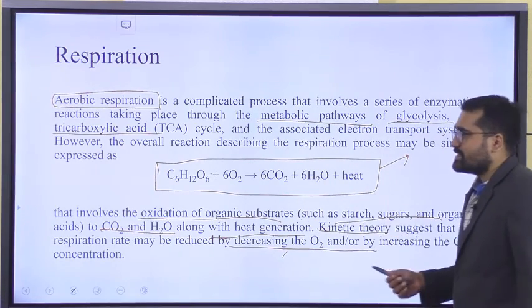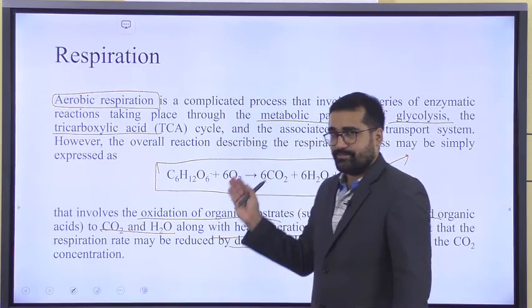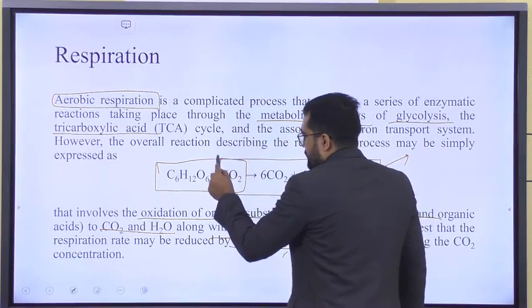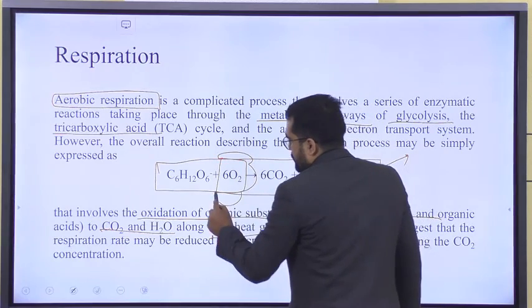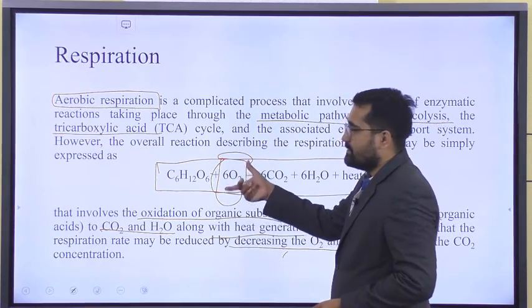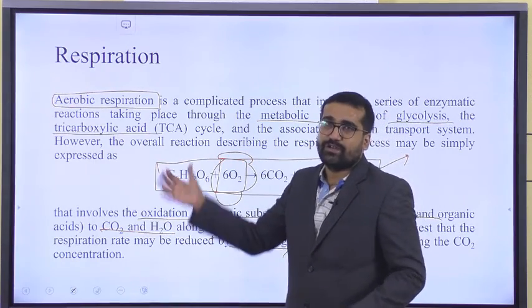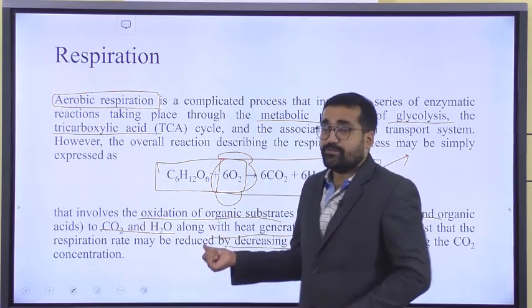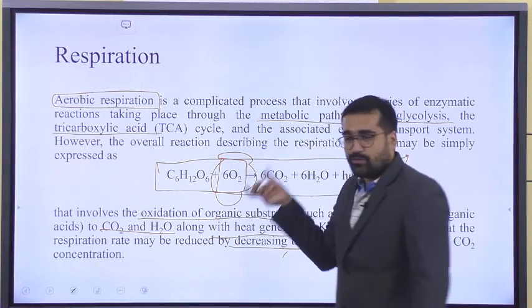What is governing this equation? Only the O2 level is governing it. We can't control the starch or sugar content of any product, so the thing we can control is O2.